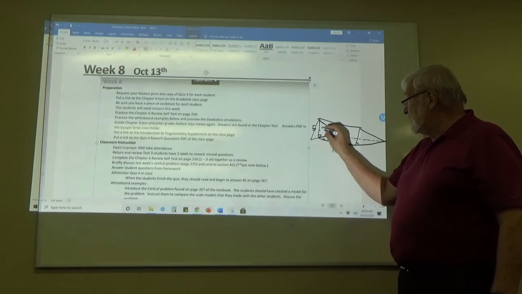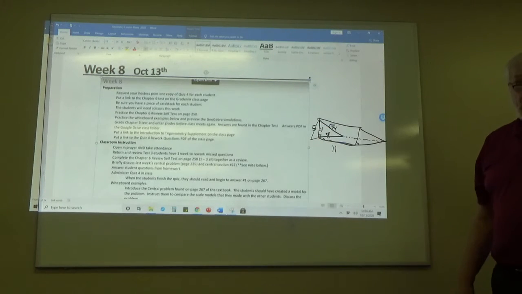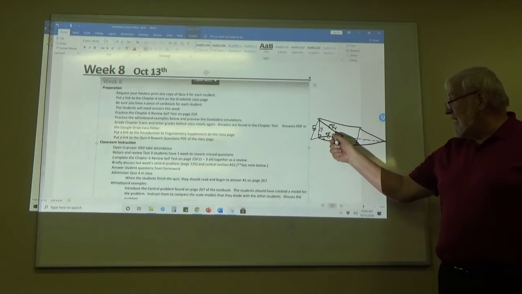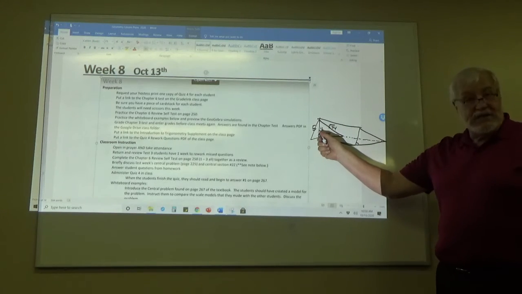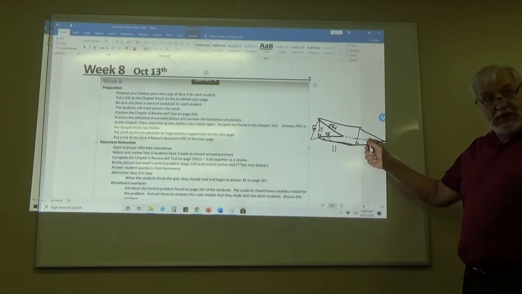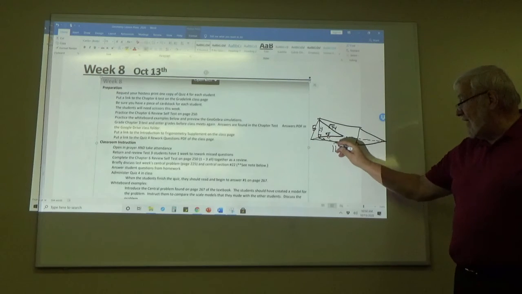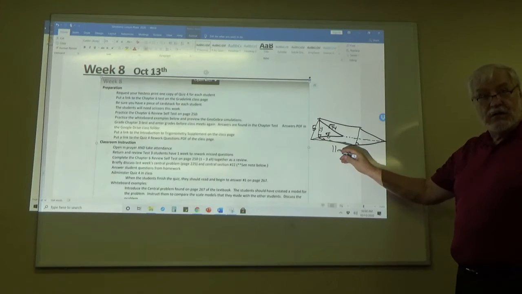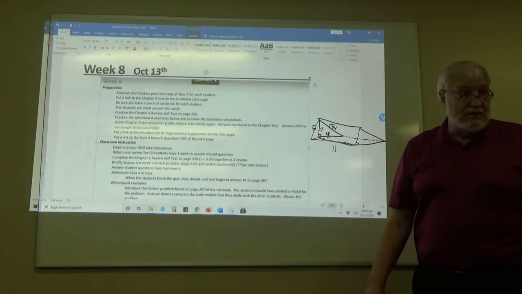So now I could do something like this. 5 is on the outside, and 4 is the height. So now you have to use 8 times 4 times 1/2 for the area of this end, of this triangle, and then 8 times 4 times 1/2 for the area of that triangle, and then we have 11 times 5 for the one face, 11 times 8, and 11 times the square root of 74.